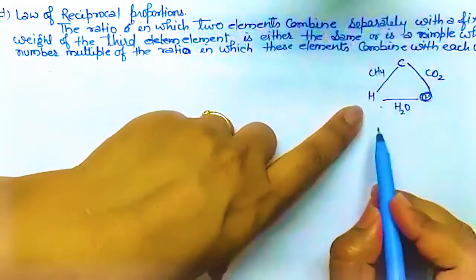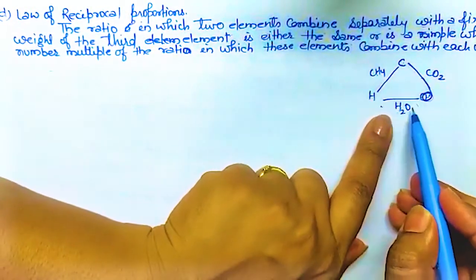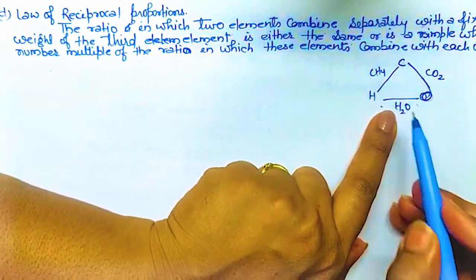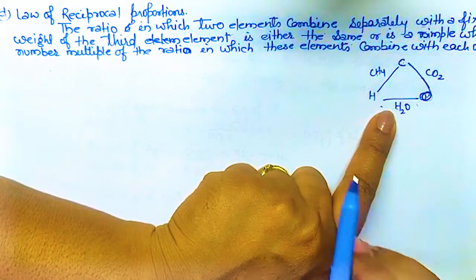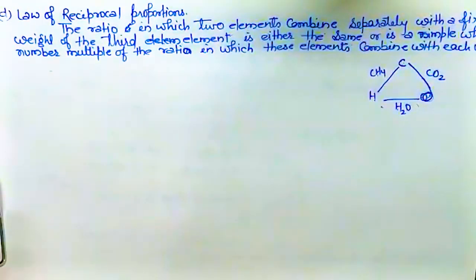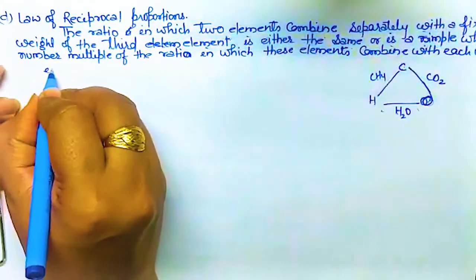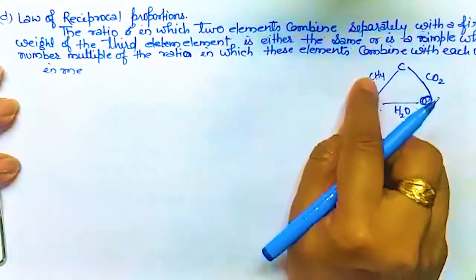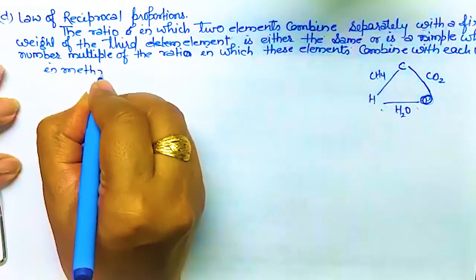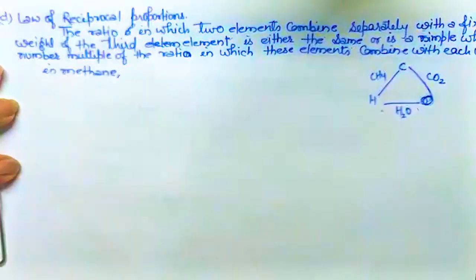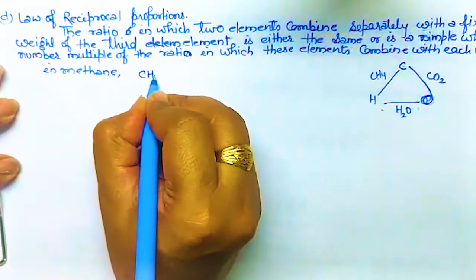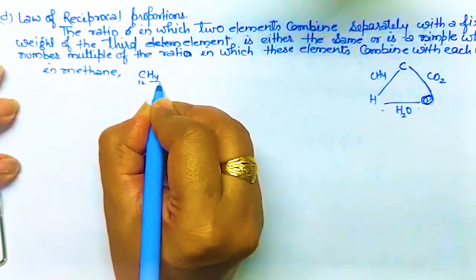So whenever we take the ratio of hydrogen and oxygen in these compounds, it will be either the same or in a simple whole number ratio. How? Let's do it with an example. In methane, carbon is 12, isn't it, and hydrogen is 4.